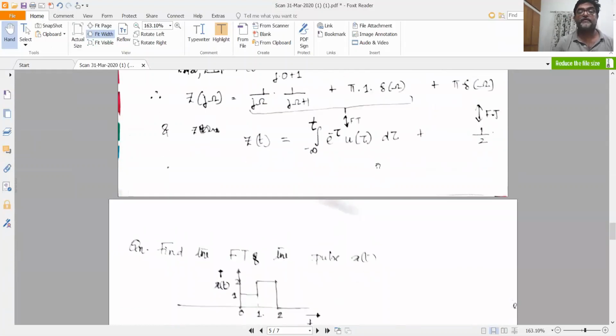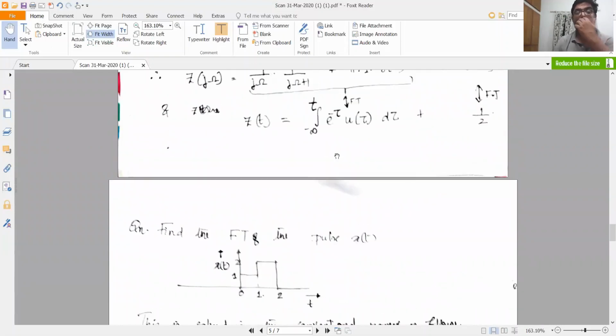So this we can evaluate. What is u(tau)? u(tau) is equal to 1 only for tau greater than or equal to 0. So this evaluates to integral from 0 to t.